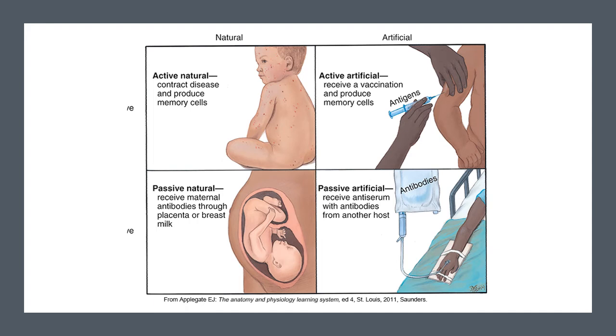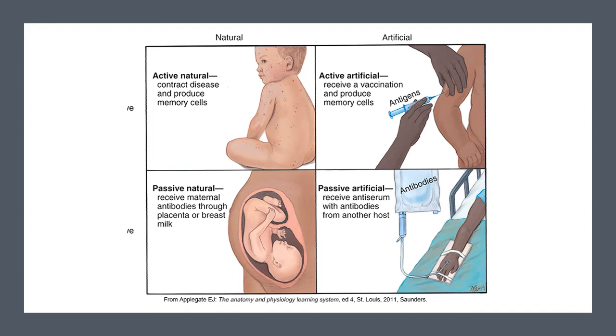So your book has a nice little picture that hopefully makes sense. It's on the bottom of page 281, figure 15-3, and these are examples demonstrating the different types of immunity and how they develop. So active natural is to contract the disease, and you produce memory cells or the antibodies. Active artificial is to receive a vaccination and produce the antibodies, right? Or the memory cells.